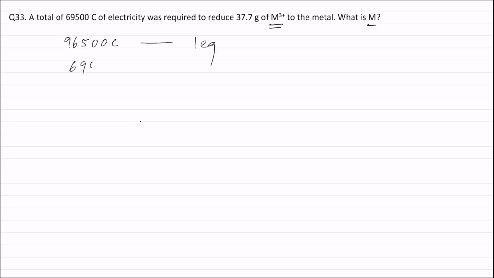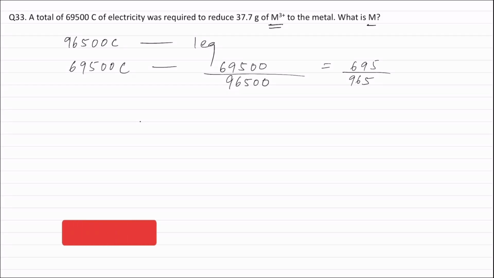Therefore, 69500 coulomb will deposit 69500 divided by 96500 equivalents of substance. And this is equal to 695 divided by 965 equivalents.